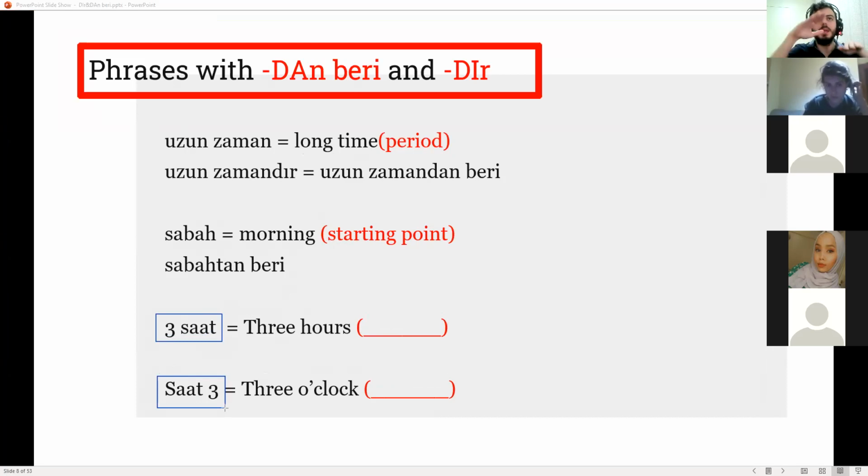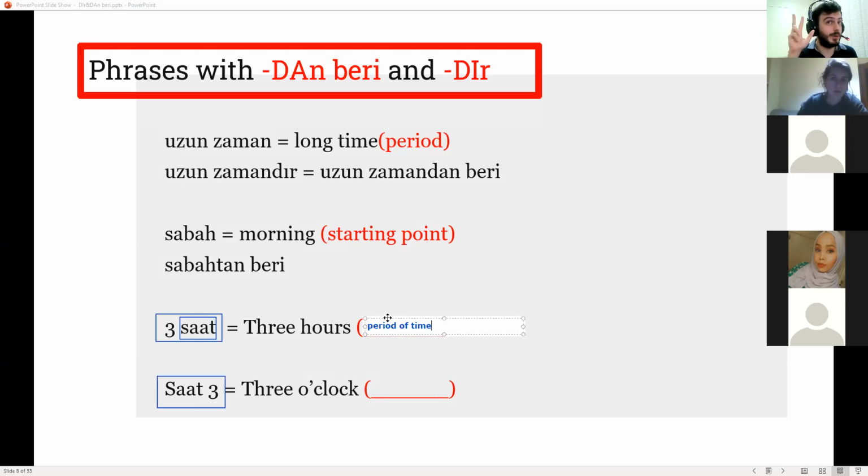They basically mean different things. 3 saat, in this one 3 basically works like an adjective. It means 3 hours. And in this case, saat doesn't mean a clock, it means hours, 3 hours. So is it a period of time or is it a starting point? Come on, answers. Period of time. Starting point. It's a period of time.